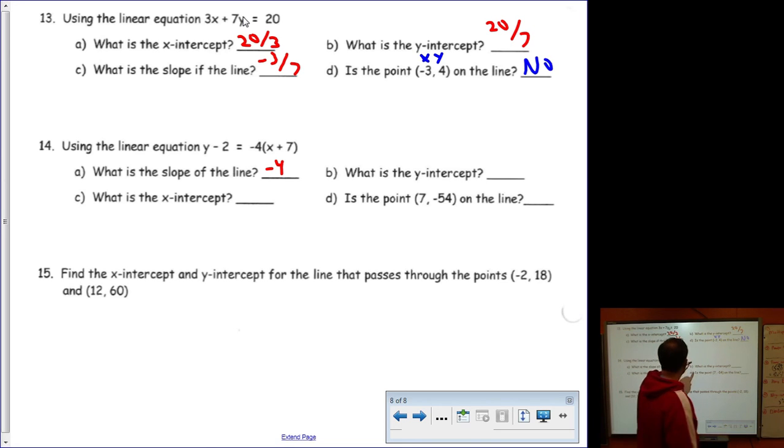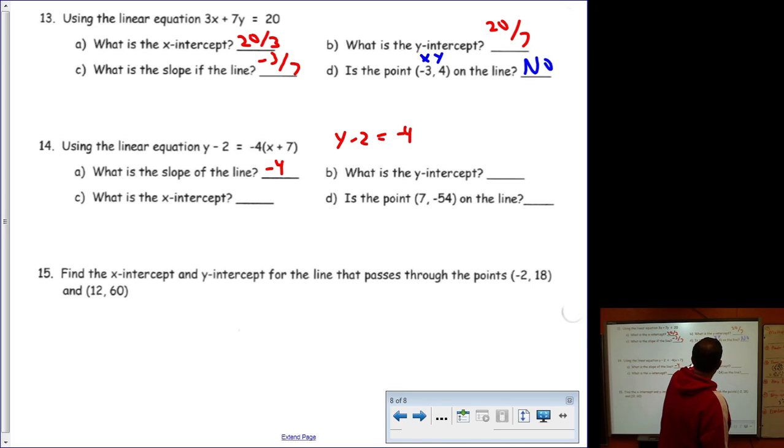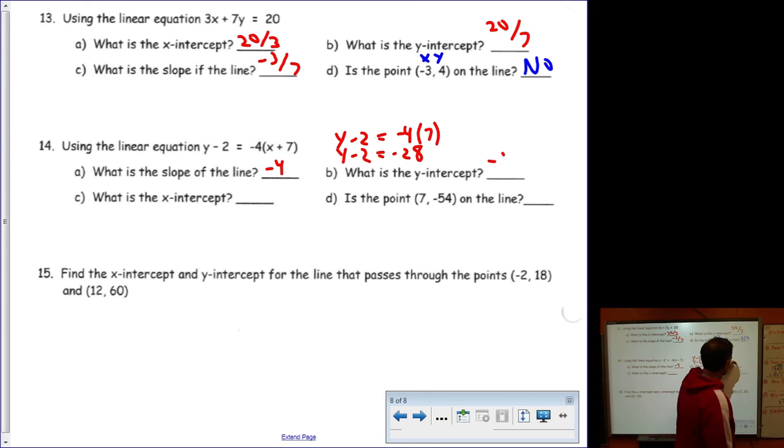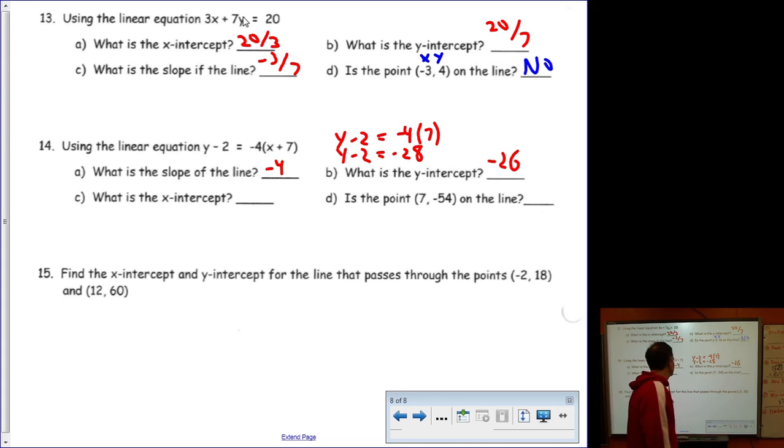Let's just do that. So y minus 2 equals -4 times 7. Putting 0 in for x. That'd be y minus 2 equals -28. And if I add 2, I get -26. The y-intercept is at -26.